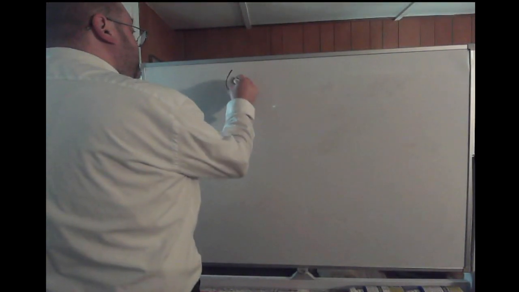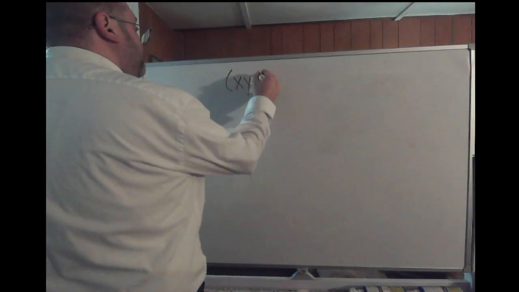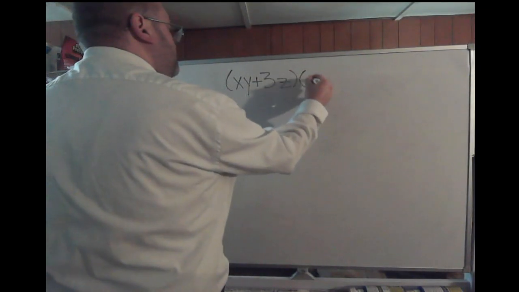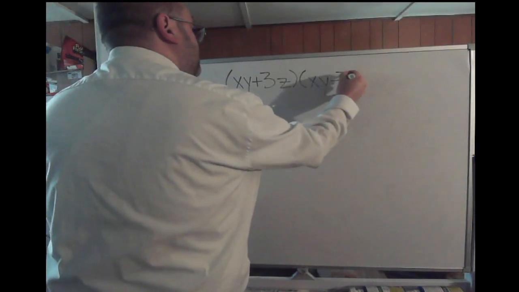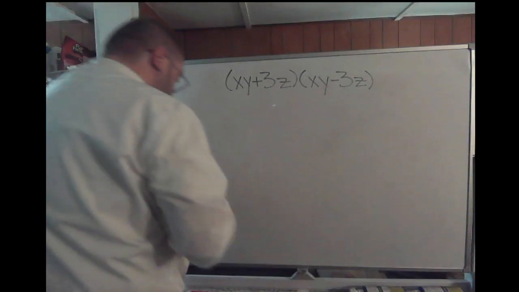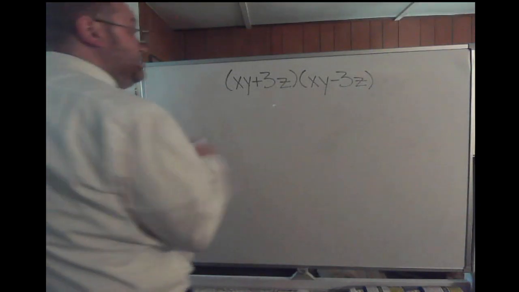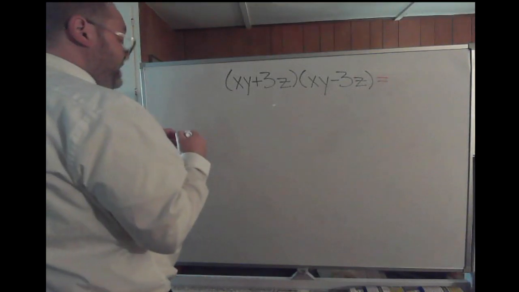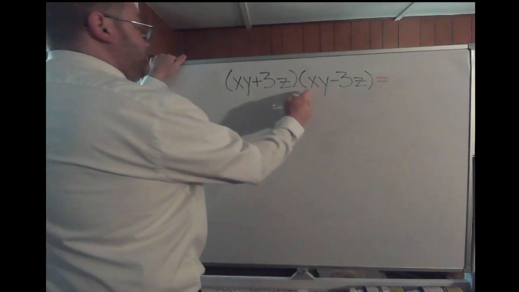We have the quantity of xy plus 3z times the quantity of xy minus 3z. Well, we have the xy's for each of the first terms.